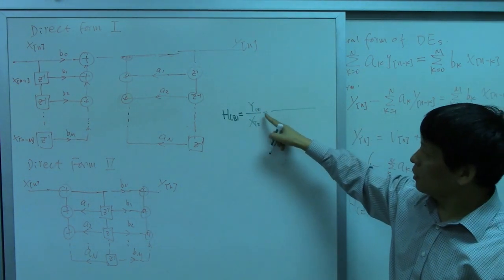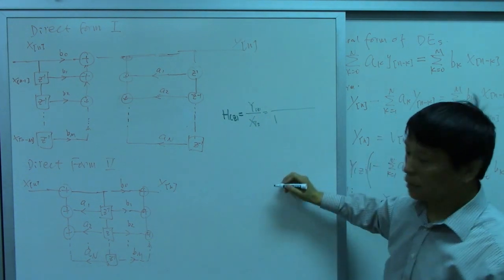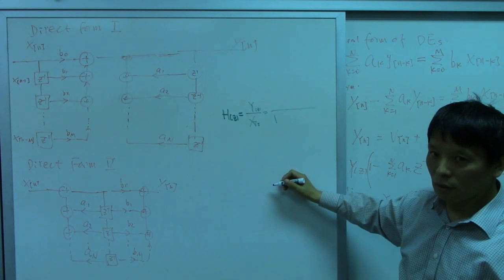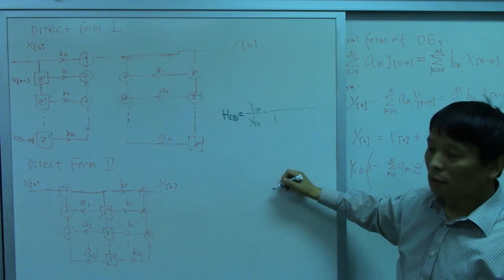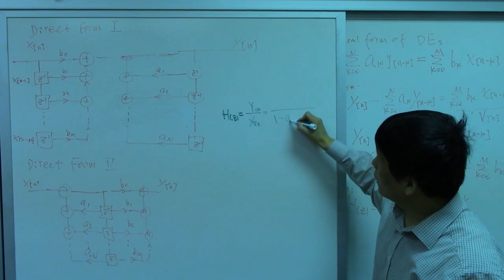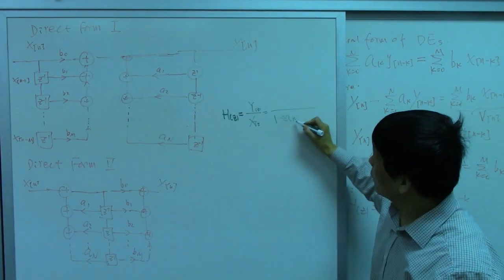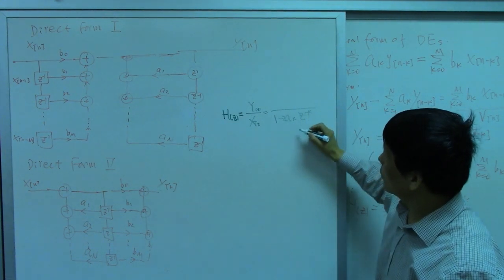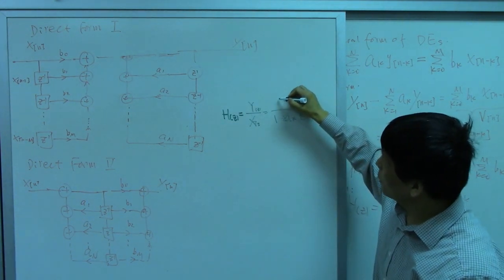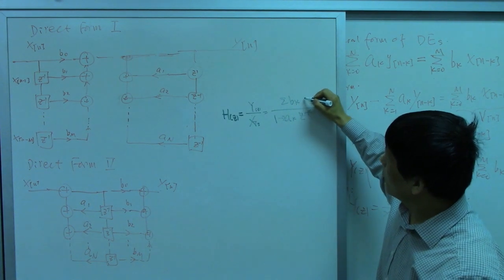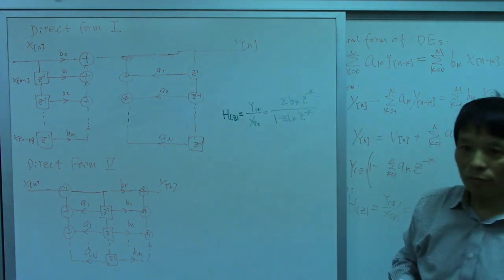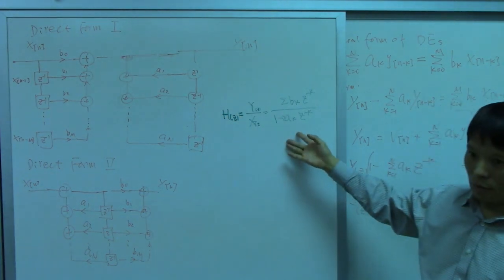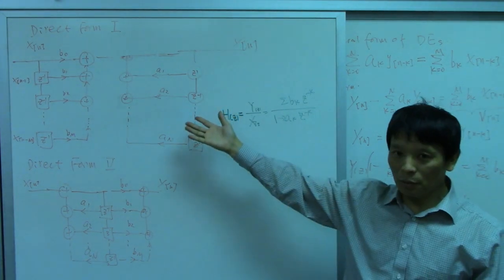The bottom is yn, so it's 1 minus the sum of ak and z to the negative k. And on the top that will be the sum of bk and z to the negative k. So from this diagram we know this. Now from here you need to be able to draw that.